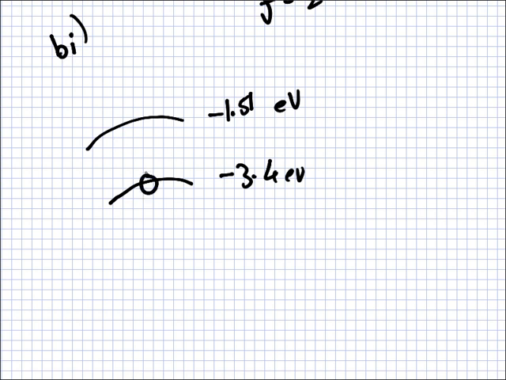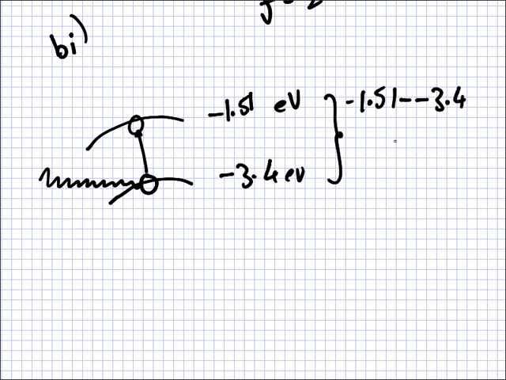So it jumps up and it would need some light to give it energy to jump up. How much energy does it need? It needs minus 1.51 minus 3.4. So what's that, please? 1.91, is it? 1.89. Went the wrong way around. Okay.